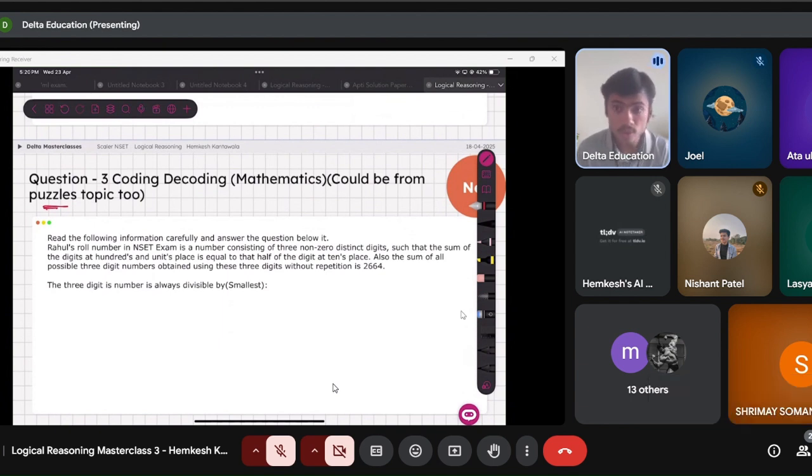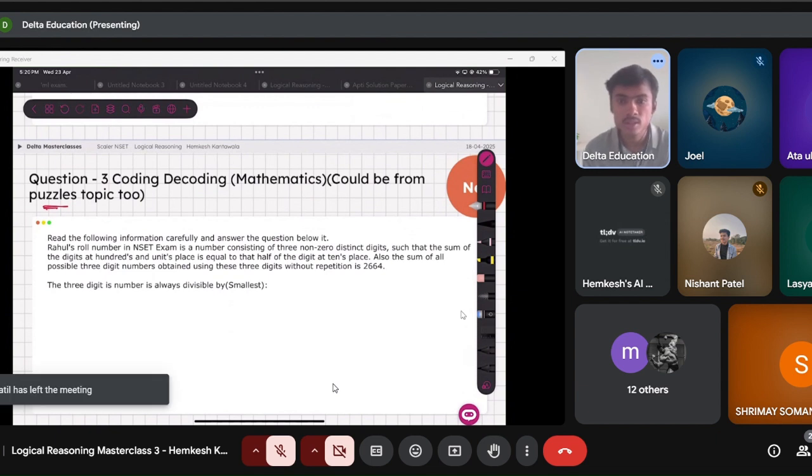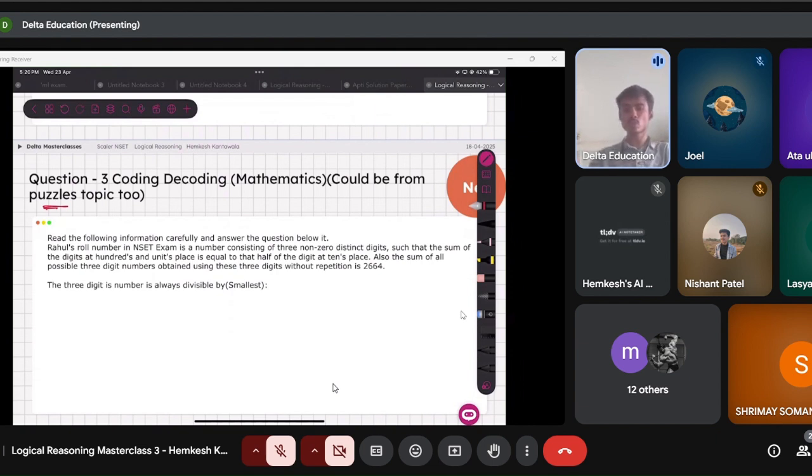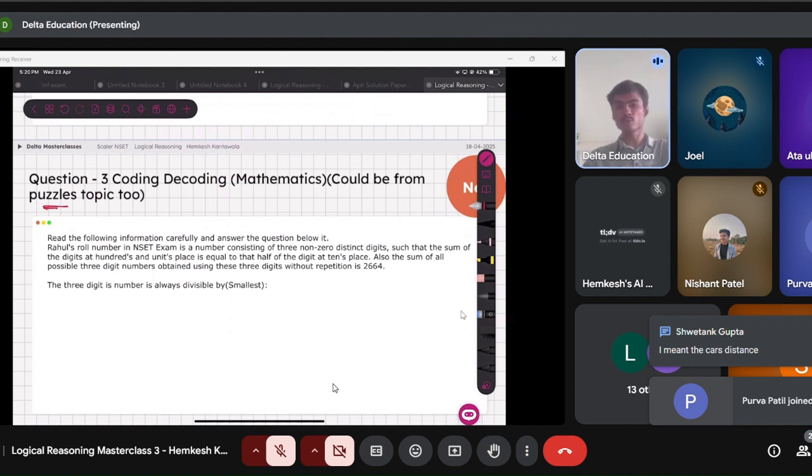So Shwetank, are you clear before moving? It was given that the distance between the two railway stations was 500. One train was moving from Delhi, another train was moving from Agra.